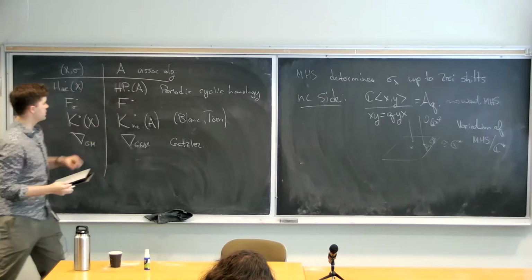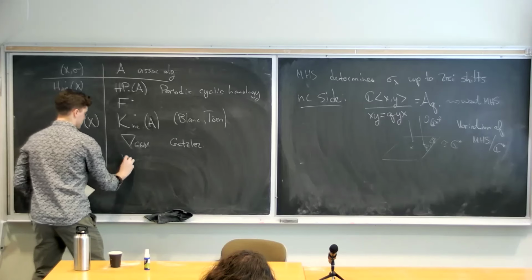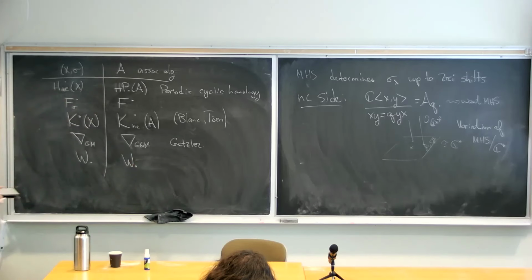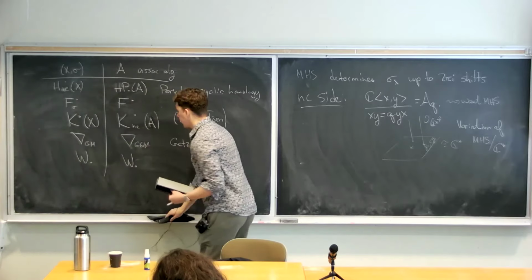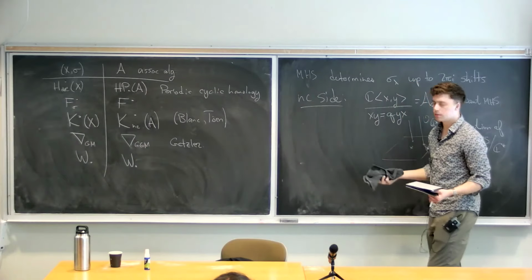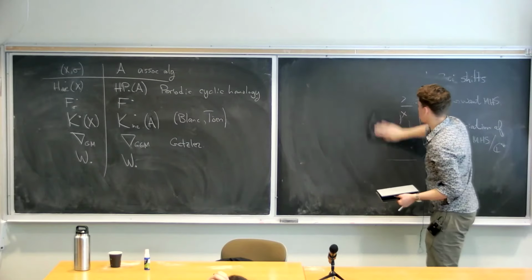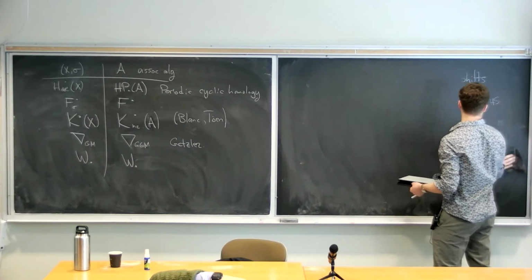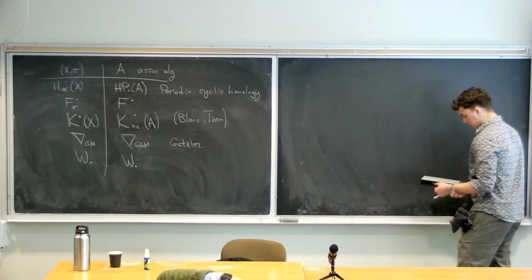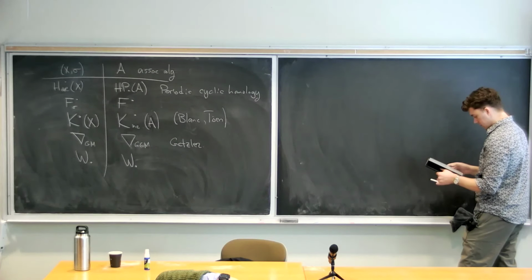Their periodic cyclic homology is going to have this connection on it. There's a few different things you could say about the weight filtration, but let's not worry about it. So the point is, for almost all of these, there's some non-commutative thing on which you could also hope to construct a mixed Hodge structure, like we did in the commutative case. And I'm not going to say really how we do this at all. I want to use my last minutes wisely.